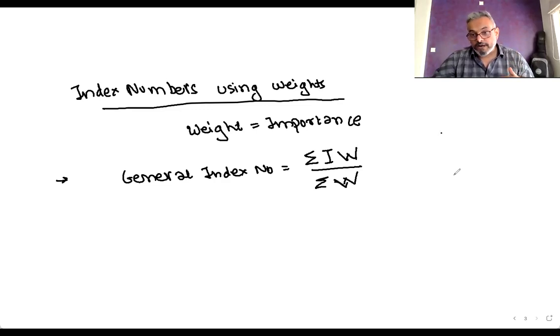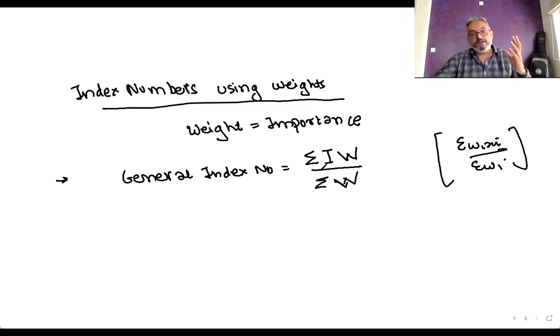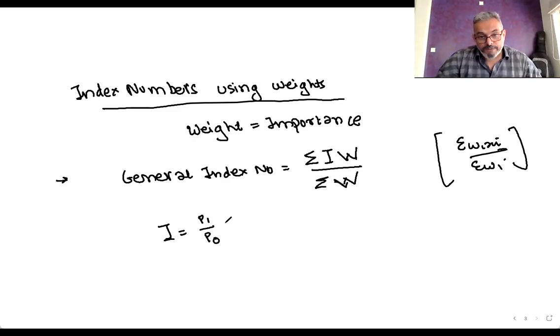Weighted mean was sigma Wi xi upon sigma Wi. Similarly, here we have sigma IW upon sigma W. Now, I is equal to index number, which is P1 upon P0 into 100.